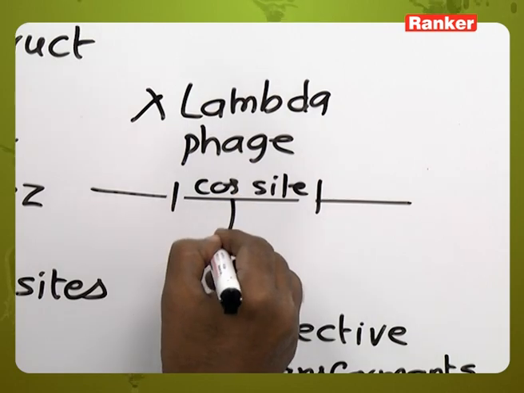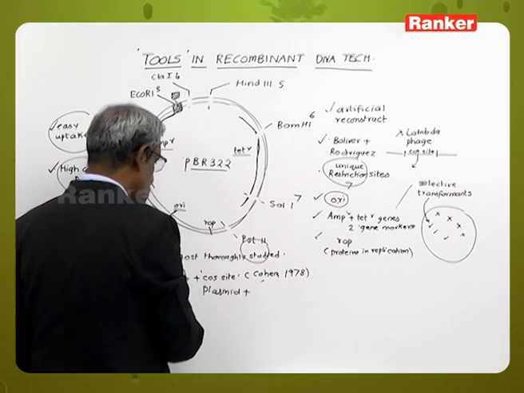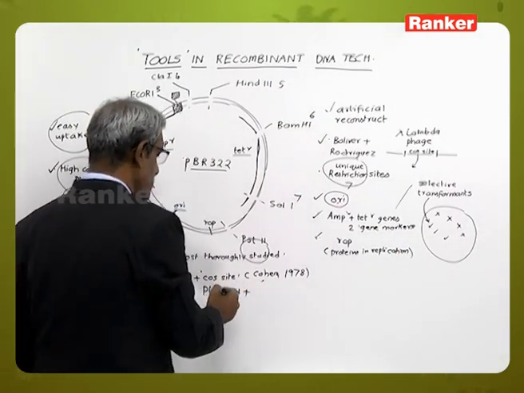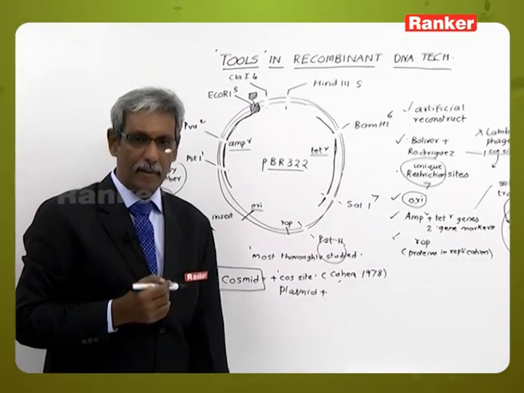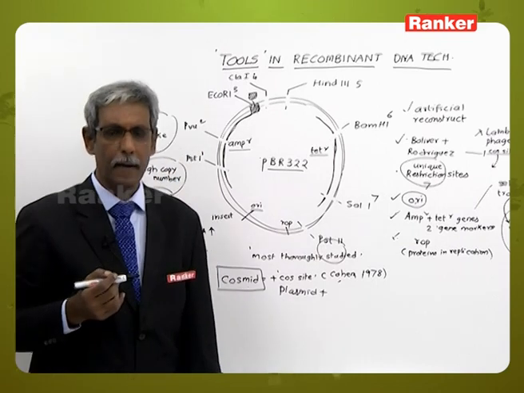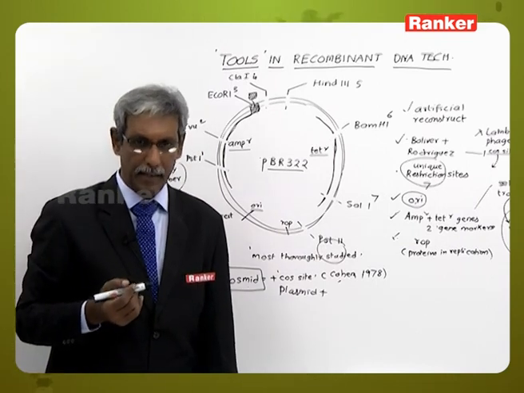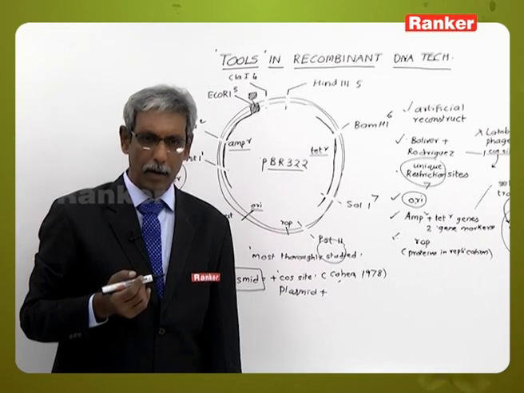This cos site has been taken and attached to a plasmid, and a plasmid with a cos site is termed a cosmid. So, we have different constructs of vectors, like a plasmid or a cosmid.